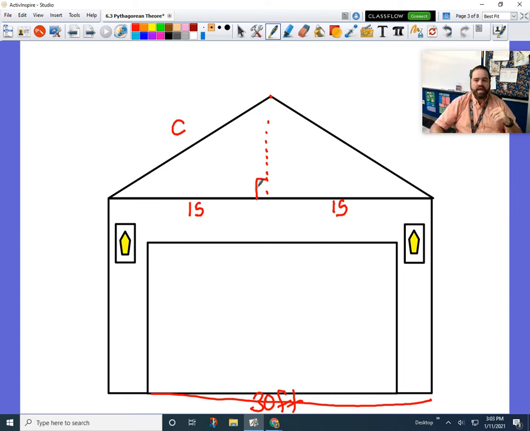So in order to do that, I ran my tape measure. If you have a nice stiff tape measure, you can run all the way up to the top of the peak. I measured from there all the way to the ground, and then I subtracted off the height of the garage, and I figured that ought to be 6 feet.